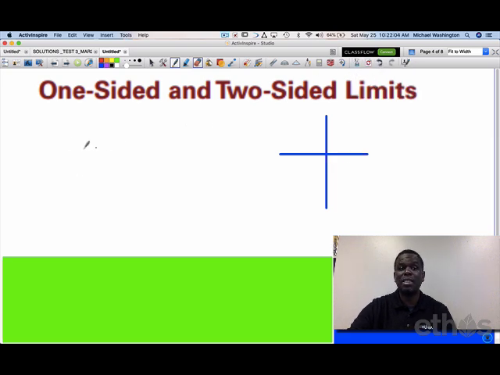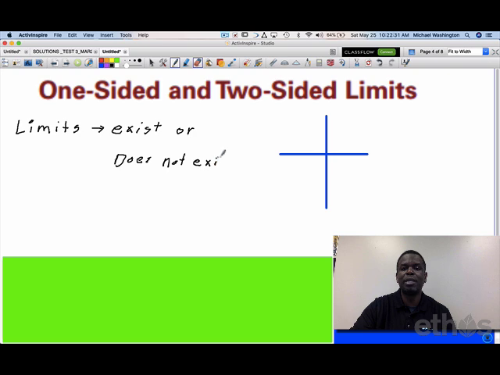Now some key things to note. When we talk about limits, they either exist or they do not exist. So when we talk about limits and their answers, we're going to be asking the question, does the limit exist, or does not exist? The symbol we use for does not exist is simply DNE.